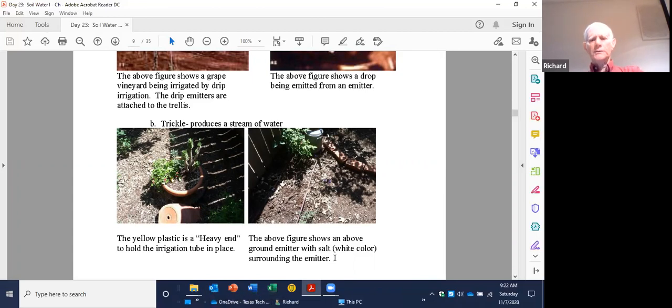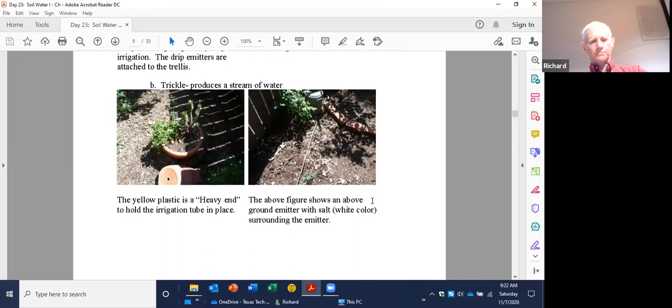The figure on the right shows a ground emitter, the irrigation line, and the white color on the soil surface is salts. Later on, when we talk about pollution, we'll talk about salts, but Lubbock water has a relatively high salt concentration. When used as irrigation, the salts accumulate at the soil surface.